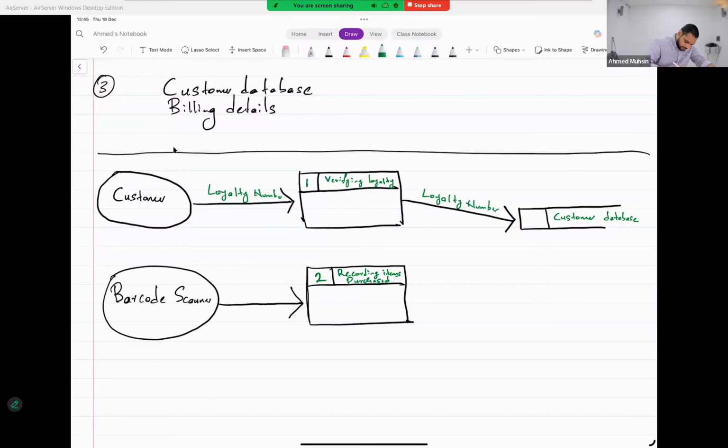So here what do we have? Product ID. And then guys, where is it being stored? We are going to have a database to store order details.